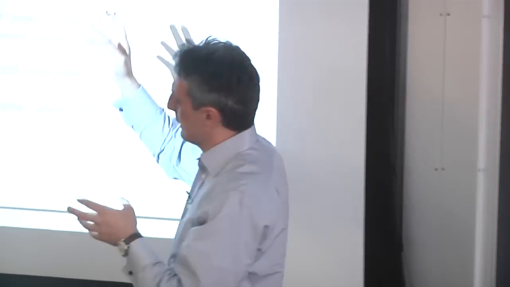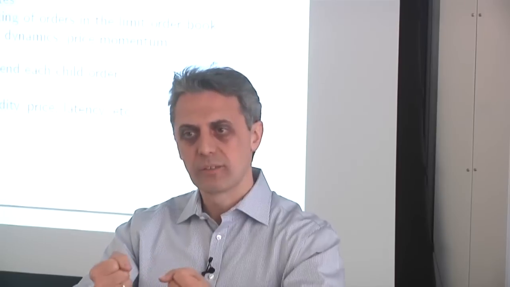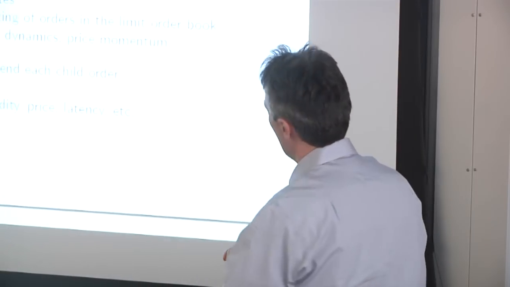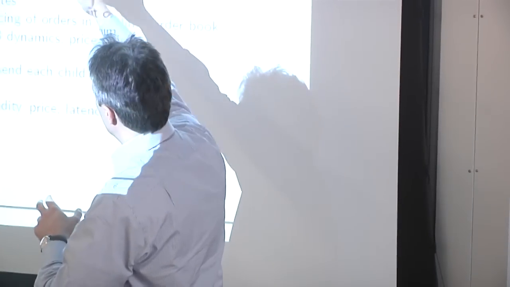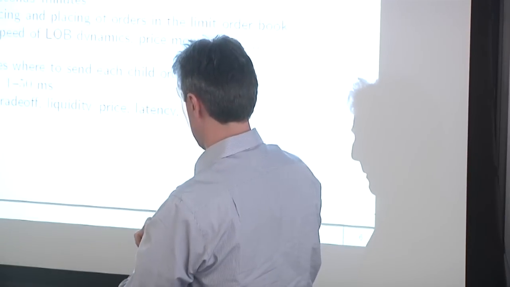Trade scheduling takes our horizon of 3.5 hours. We know what we want to do, and we create some kind of plan of how I'm going to execute this order over the next 3.5 hours, let's say splitting it into 5-minute slices. There are different strategies that go with that, and I'll show you another slide on that.